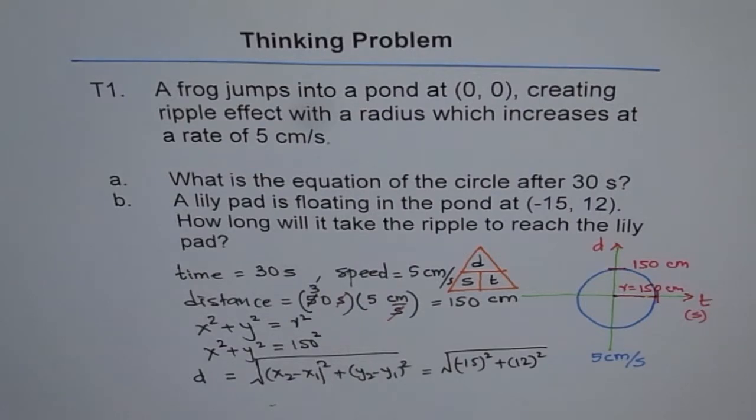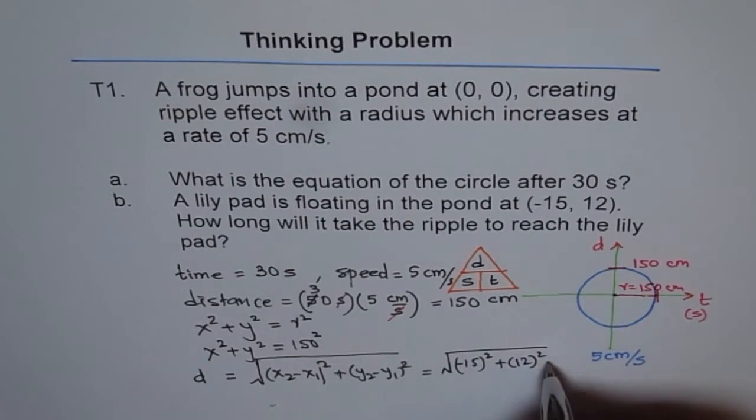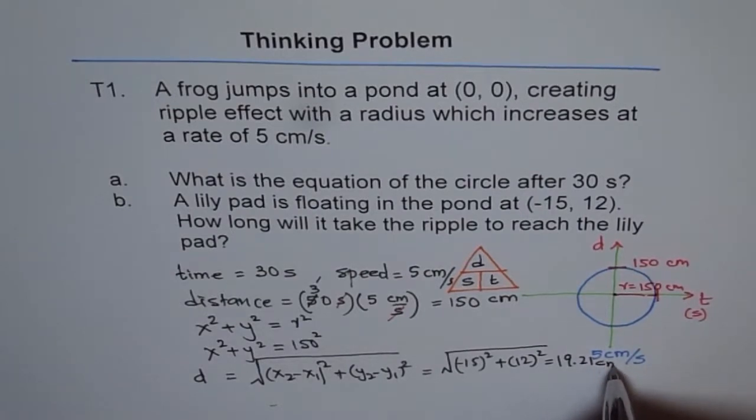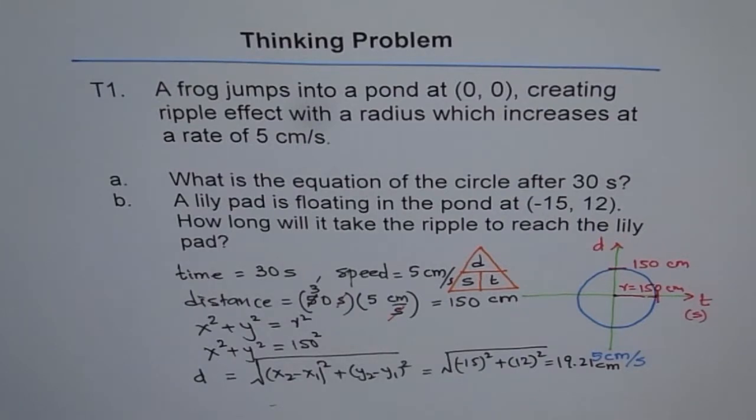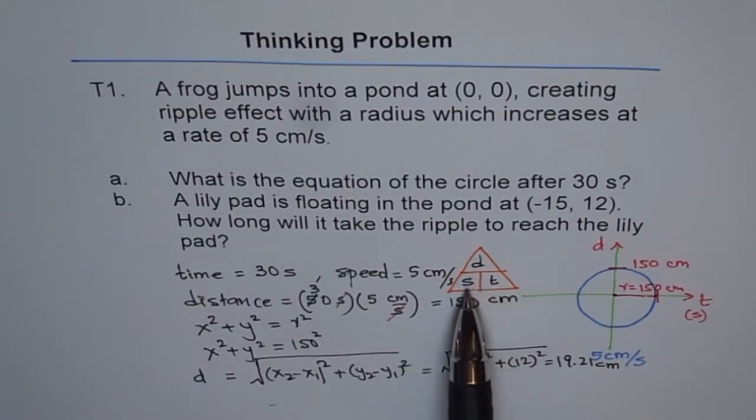It comes to 369, and then I do the square root of 369 and I get the answer as 19.209. Okay, so write 19.21. That's the distance, and this distance is in centimeters for us, since we know the rate in centimeters per second. So how much time will it take? If that is the distance and the speed with which the ripple is moving is 5 centimeters per second, then time should be distance divided by speed.